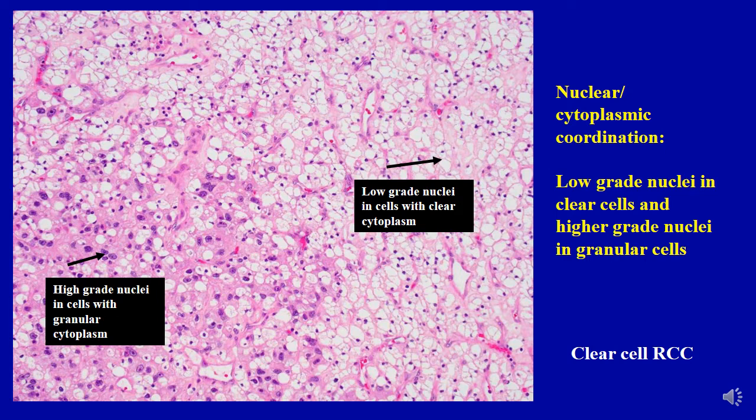What I mean by that is low-grade nuclei in cells with clear cytoplasm, while cells with granular cytoplasm have high-grade nuclei. That is a pretty characteristic coordination that you can see within clear cell renal cell carcinomas.